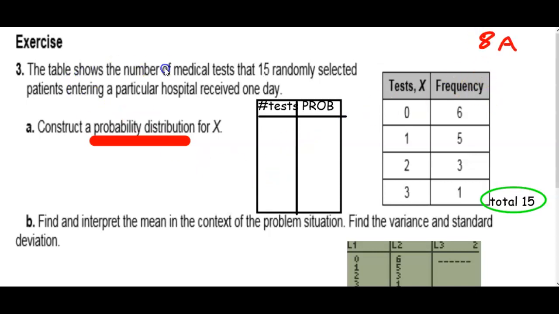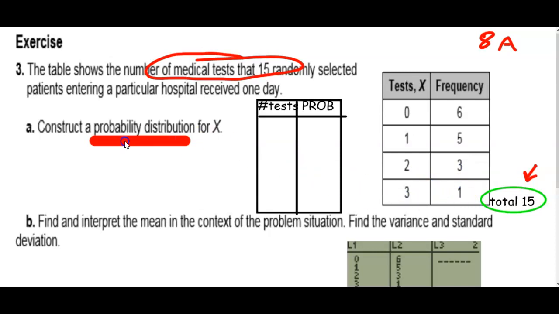It says, this is the number of medical tests that 15 randomly selected patients were given when they visited the hospital. Out of 15, 6 patients said they got 0 tests done, 5 patients said they had 1 test run, 3 patients said 2, and 1 patient said they had 3 tests run.